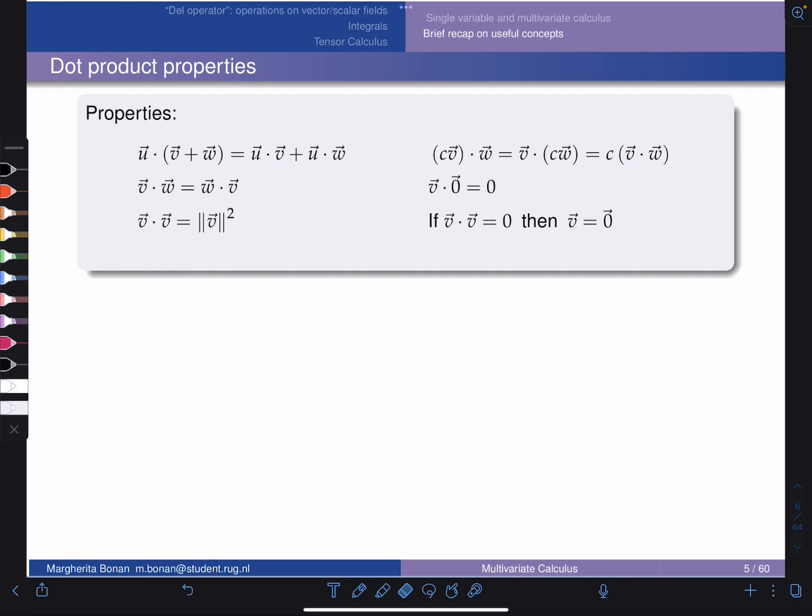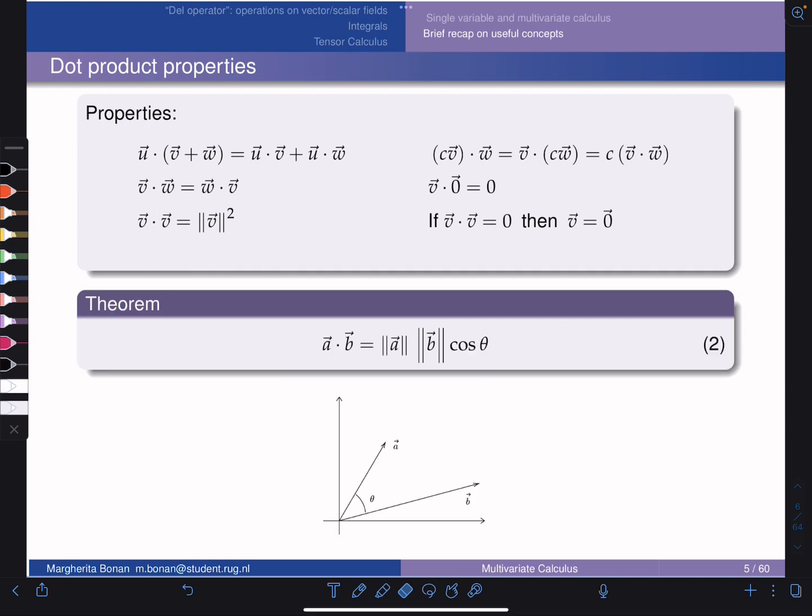We have an interesting theorem on the inner product that says that the scalar product is equal to the magnitude of the first vector times the magnitude of the second vector times the cosine of the angle in between. The angle is this one in this case. It can be extended also to 3 dimensions, but the drawing is in 2 dimensions.